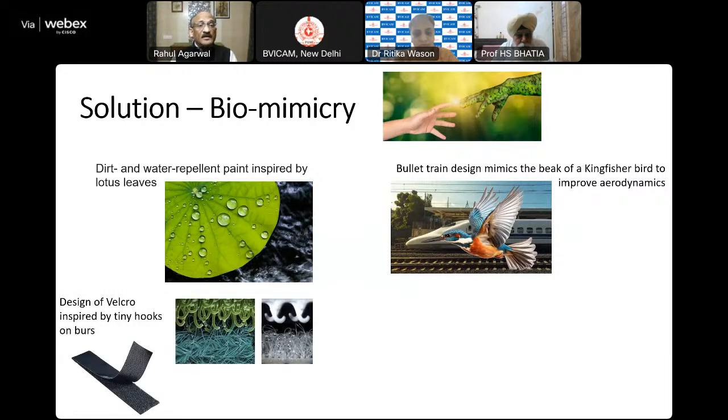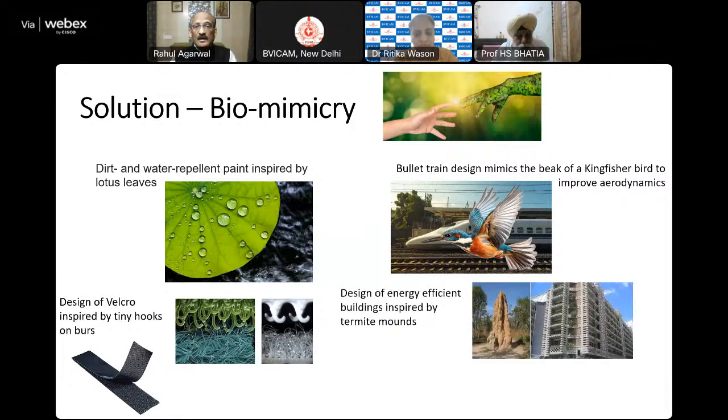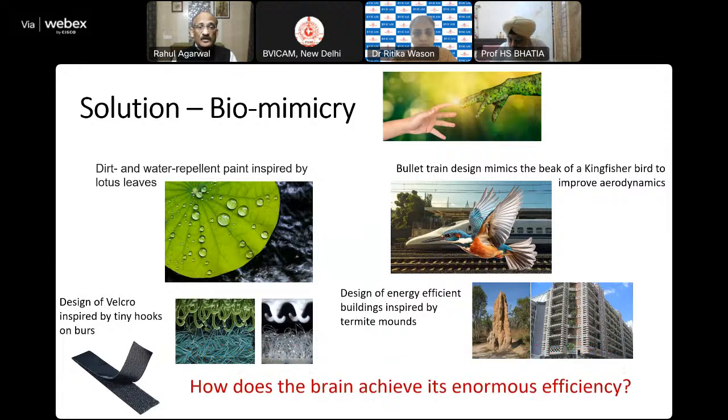We have designed velcros, which are inspired by the tiny hooks of birds. And there are energy efficient buildings which are designed based upon the termite mounds. So there are multiple examples of learning from nature to design and solve the problems of what we have today.